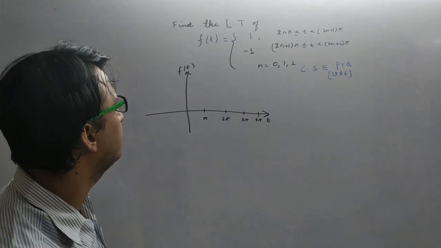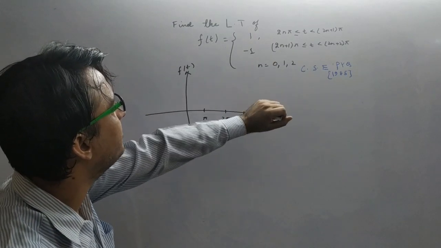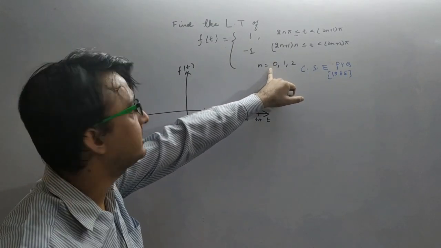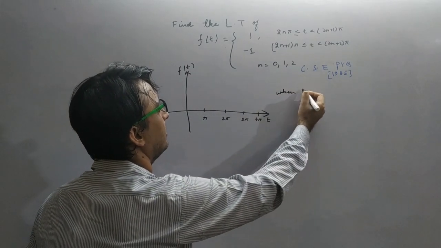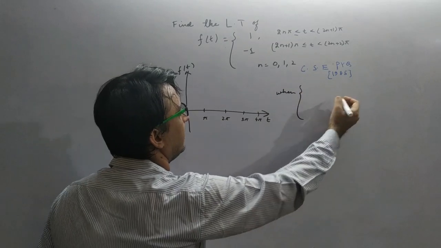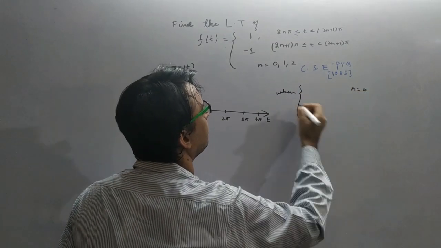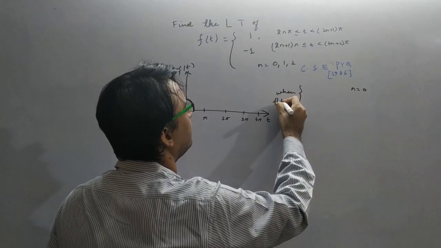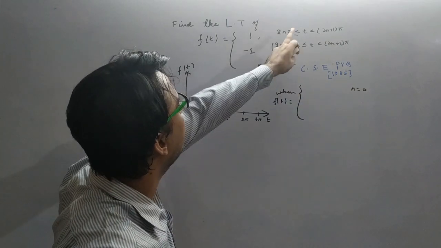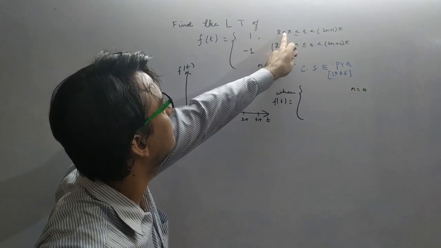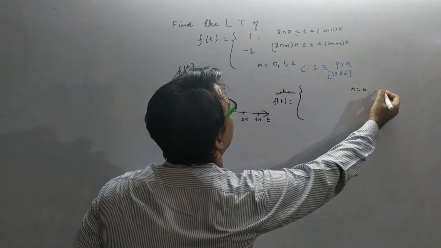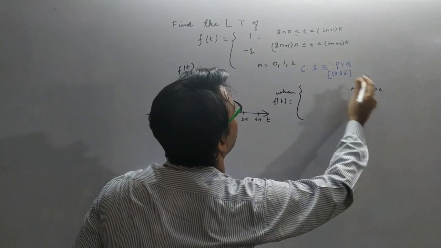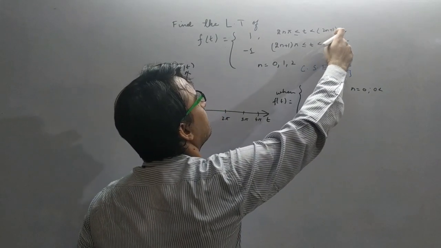For that, let me first start evaluating from the initial points. When n is equal to 0, what do we get as f(t)? We put n equal to 0 here, so this becomes 0, and this becomes 0 plus 1, pi.